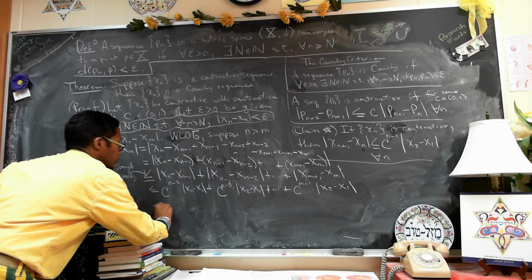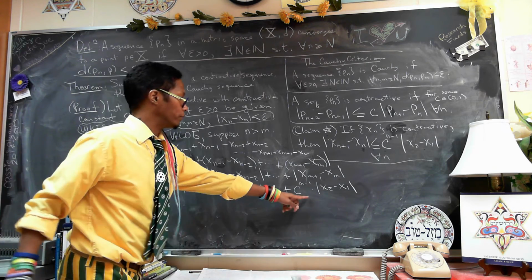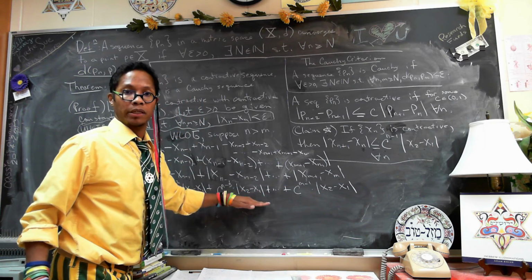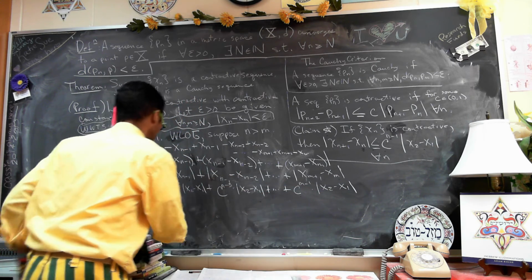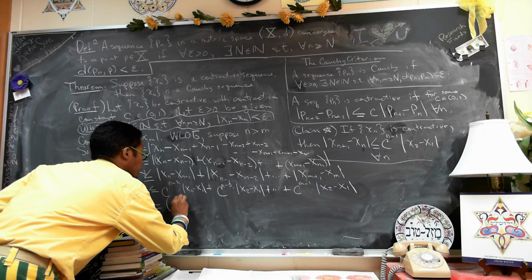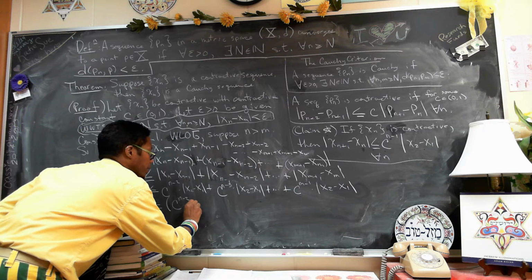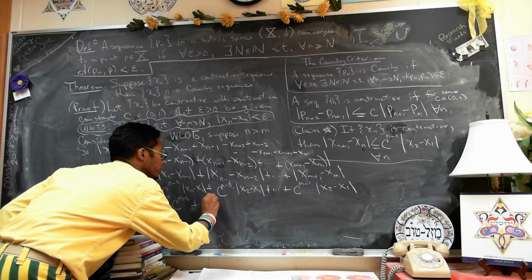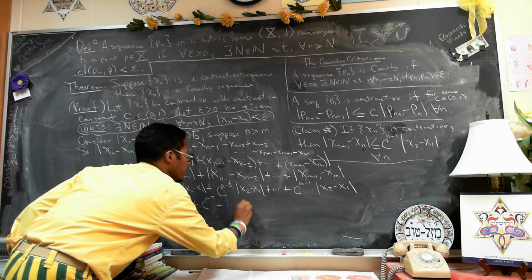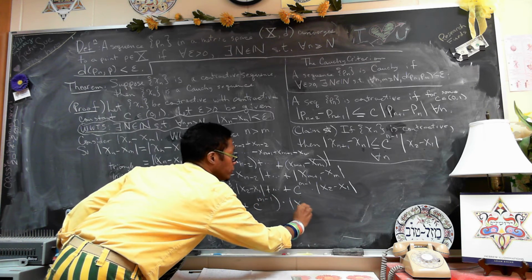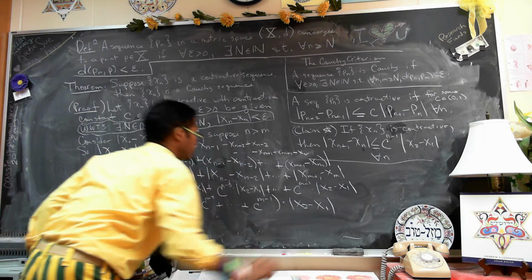This is equal to, I have a bunch of different exponents of c, and each term, x sub 2 minus x sub 1, is in all of these terms. So I will factor out all of the c terms. c to the n minus 2 plus c to the n minus 3 plus dot dot dot down to the last one, c to the m minus 1. All of that times the absolute value of x sub 2 minus x sub 1.